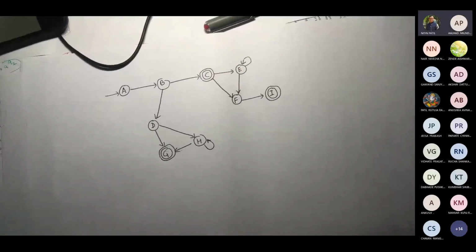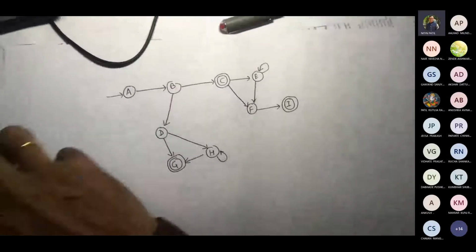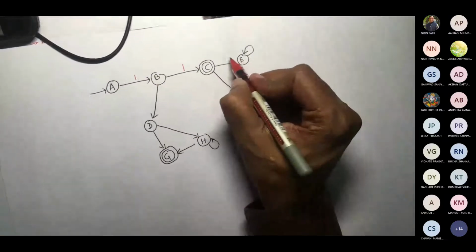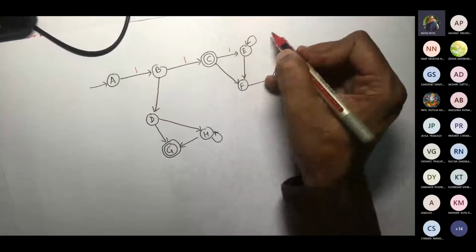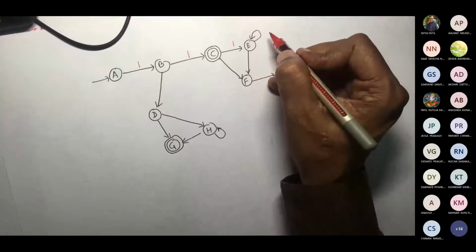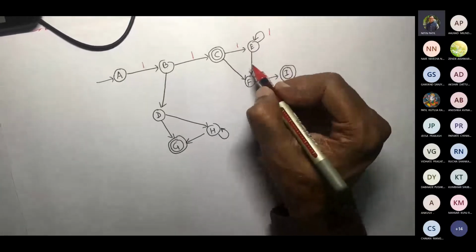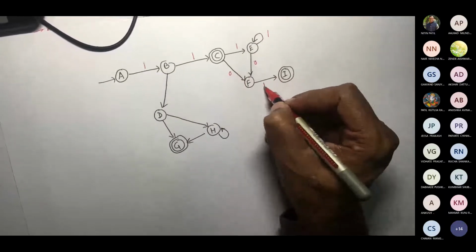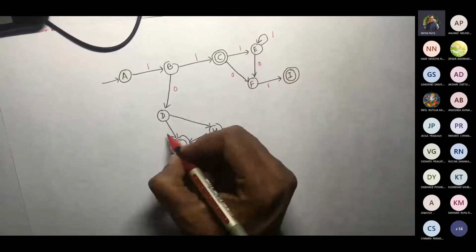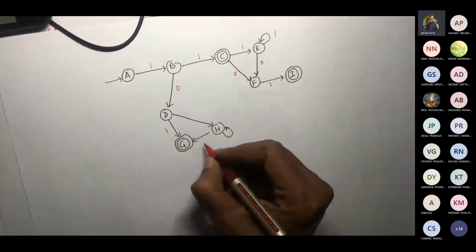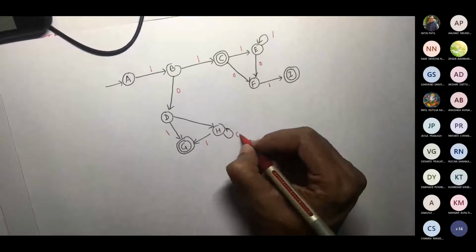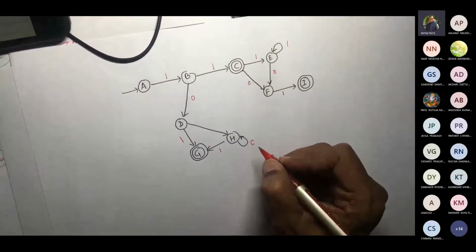See the transitions? Yes, sir. Are they right? Okay. Now let me write inputs. So this is 1, this is 1, this is 1, sorry, this is 1, this is 0, this is 0, this is 1, this is 0. You haven't written one input for D to H. See your answer.